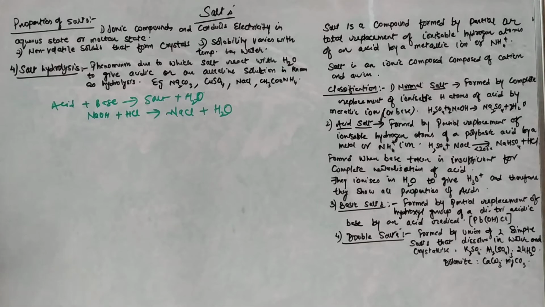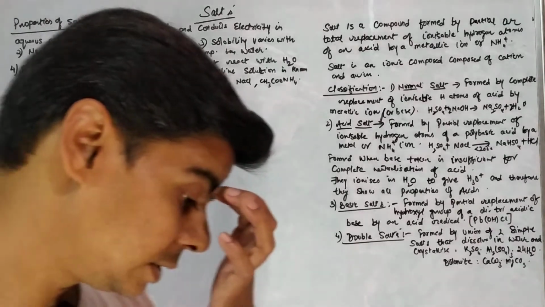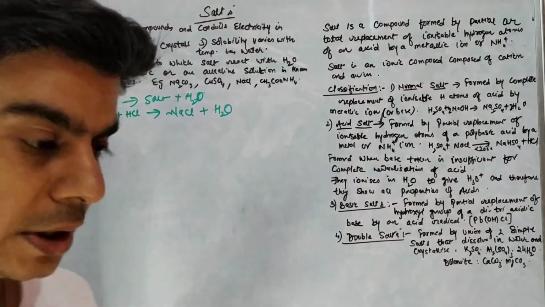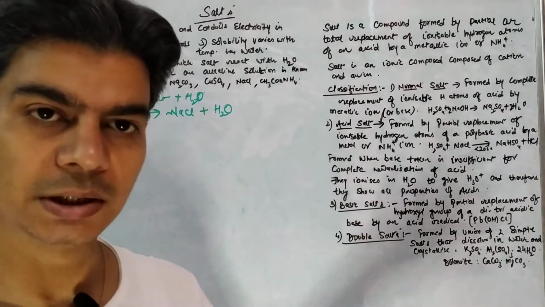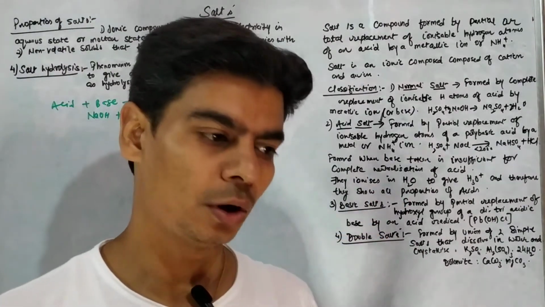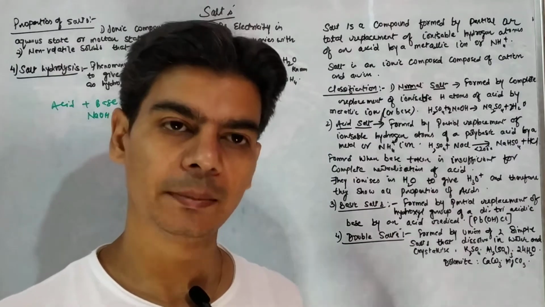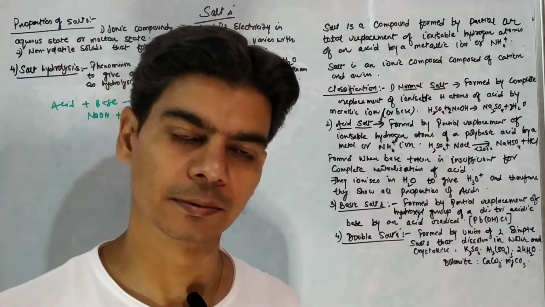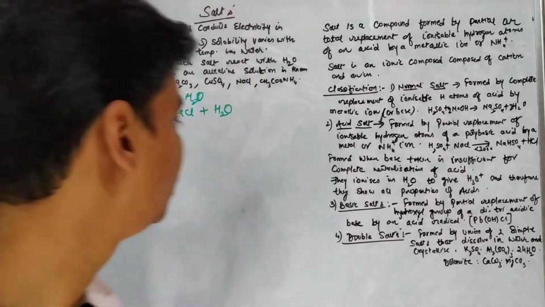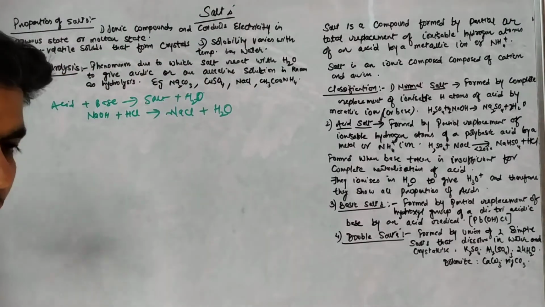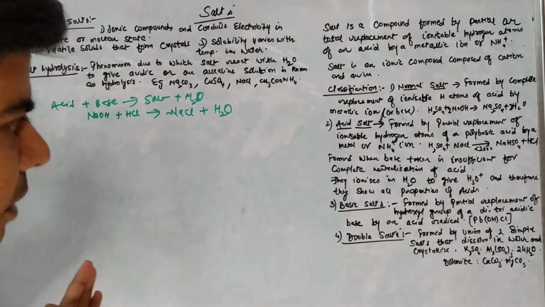right? So if you look at the definition that is in your books, the definition says that salts are formed by complete or partial replacement of hydrogen atoms of dibasic or tribasic acid, right, by a metallic ion or an ammonium ion. So we know this from acids.